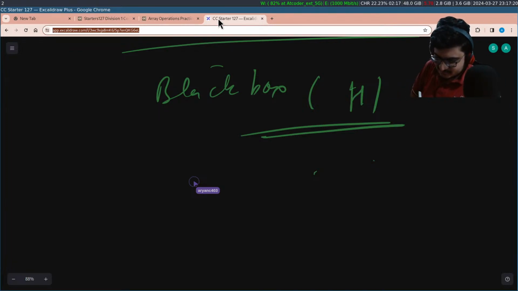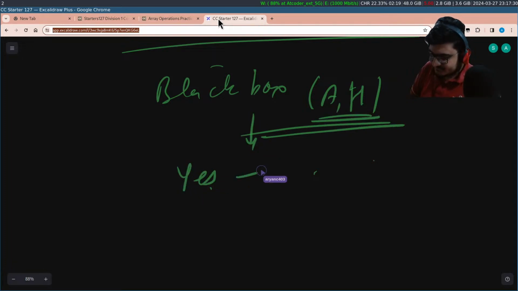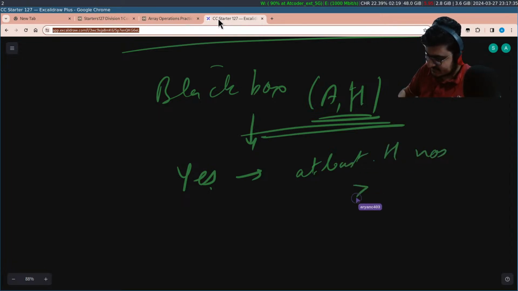Let's say we have a black box which takes an array A and a value h. And let's say this black box returns yes if, after performing some number of operations, it is possible to get at least h numbers greater than or equal to h.